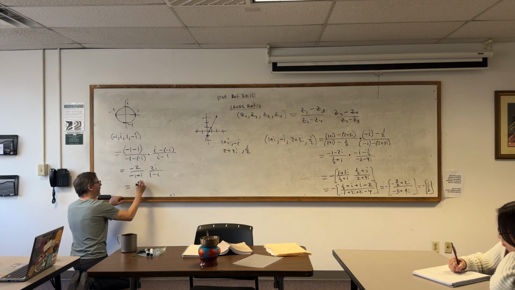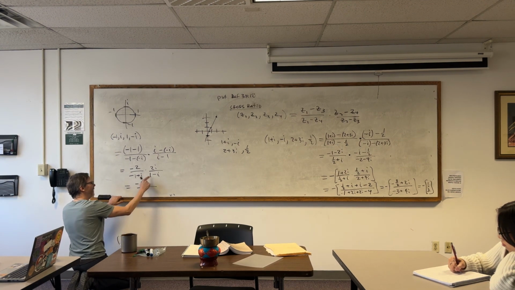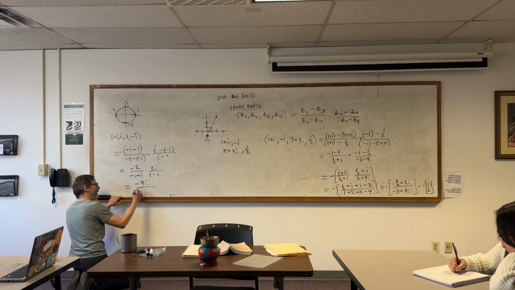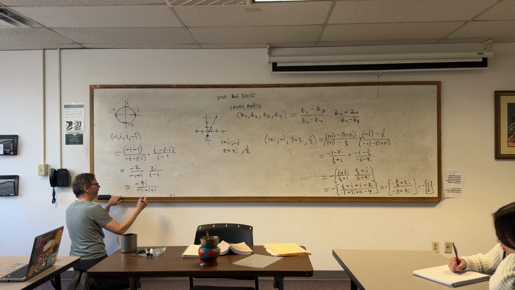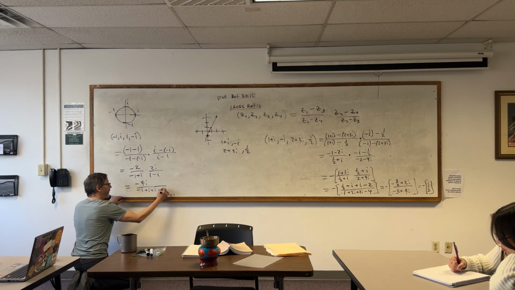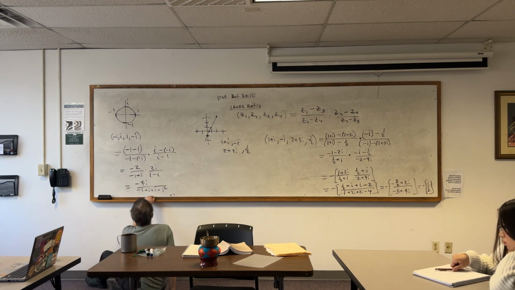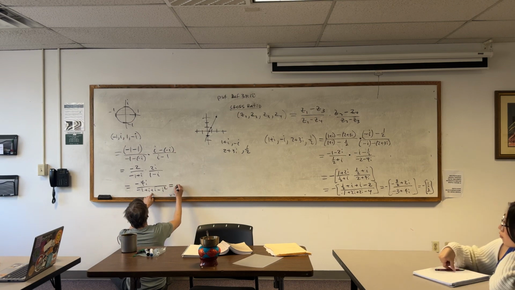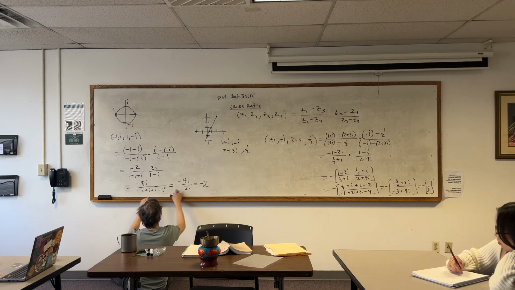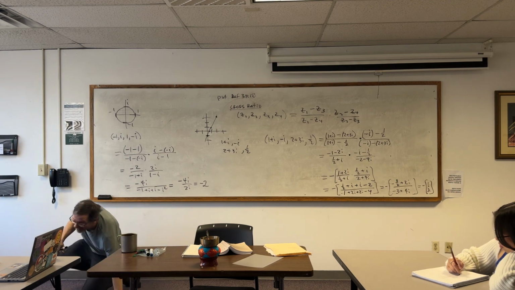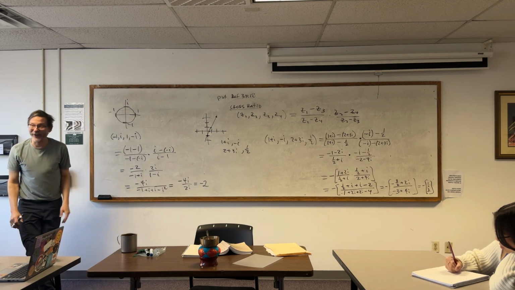So on the top I got negative 4i, and the bottom when I FOIL, I get negative 1 plus i plus i, and plus minus i squared. Yeah, -2, looking good.